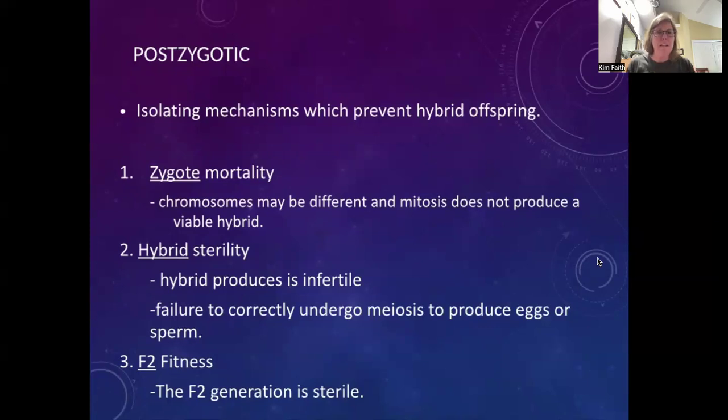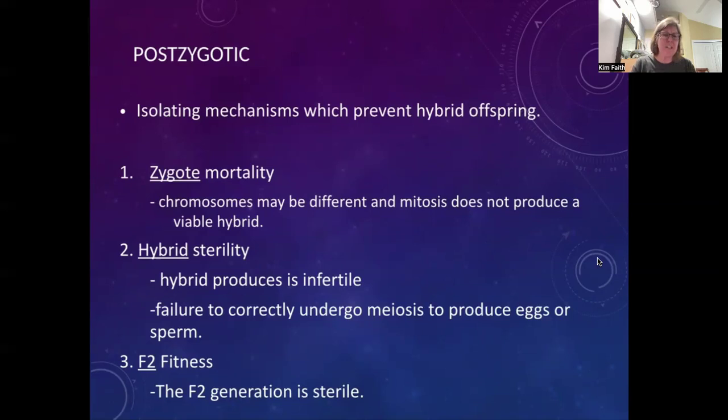Sometimes the hybrid is sterile. I talked about that with the mules. All right, so failure to correctly undergo meiosis. Even though they were able to undergo mitosis and they were able to be alive, meiosis is not working for them to make either proper eggs or sperm.